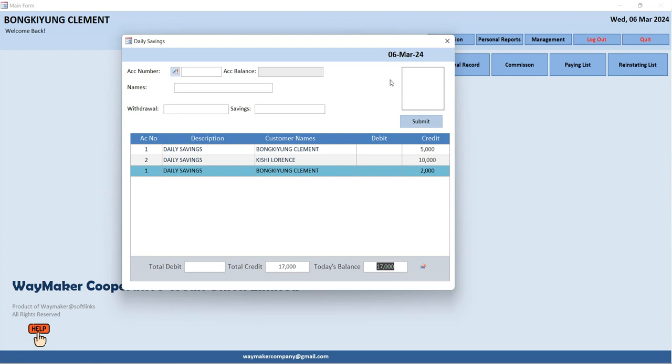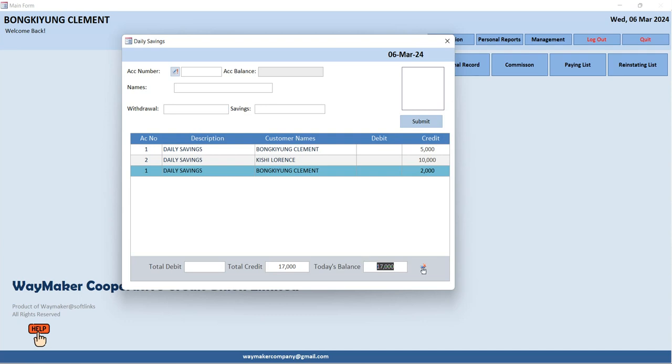In that case, you will discover that the withdrawals were either done from the office or the collector had some personal money which he used to pay, which would then be balanced off or reconciled in the office. So today's balance being negative doesn't mean there is a problem. It simply means that more money went out that day than was received.